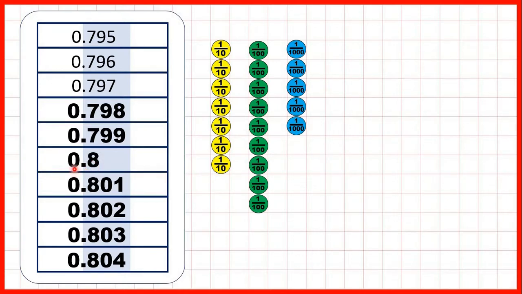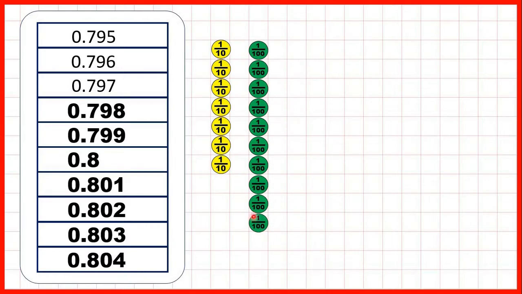0.8 is the same as 0.800. And to see why, let's again count using the place value counters. So we started with 0.795, which we can see here. If we keep on adding thousandths counters until we get to 10 thousandths, we can then exchange those 10 thousandths counters for one hundredth counter.